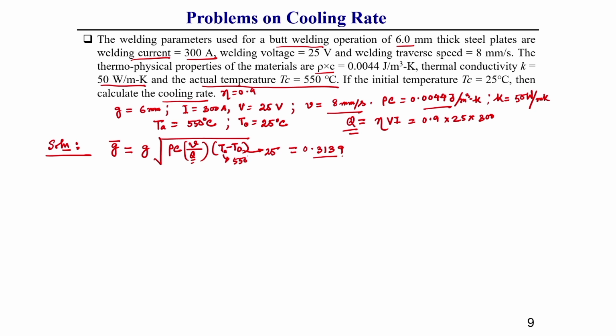This is a value which is less than or equal to 0.9. As it is less than or equal to 0.9, which cooling rate equation do you need to use? Here you need to use the 2-dimensional type of cooling rate equation.